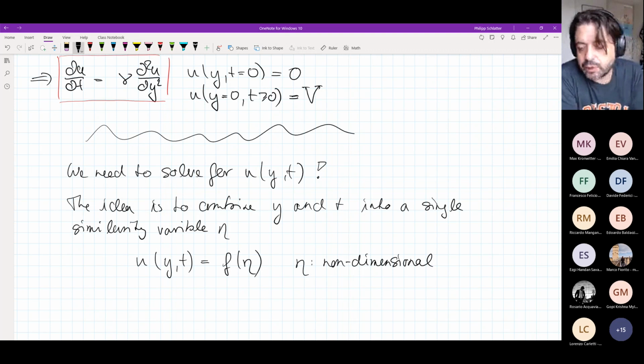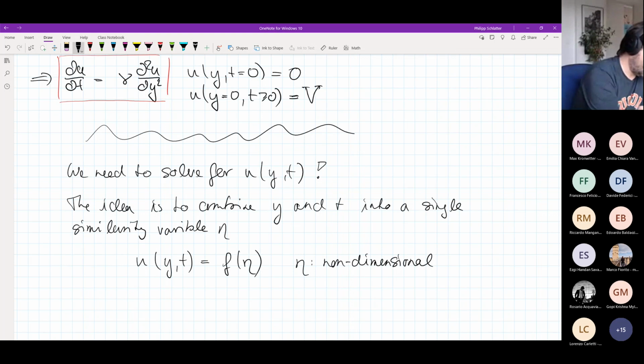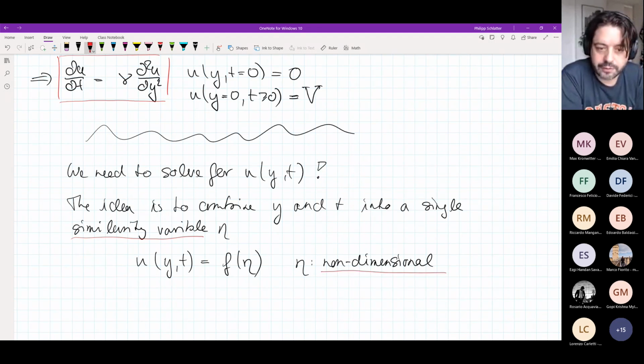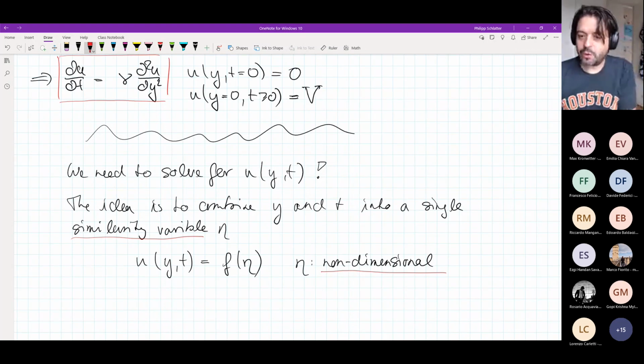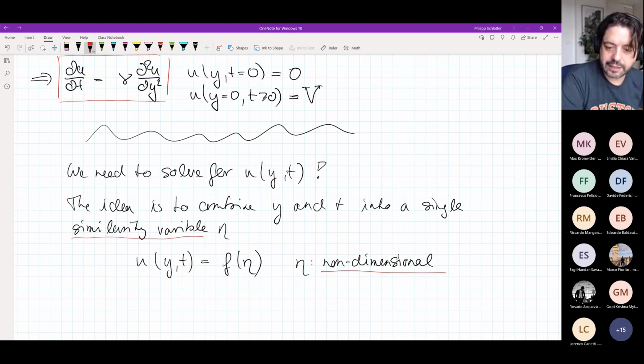It needs to be non-dimensional, such that we can actually do this stretching. So what we want to find is a similarity transform from y and t into eta, such that eta is non-dimensional. That already gives us a hint of in what way we could find this similarity transform.